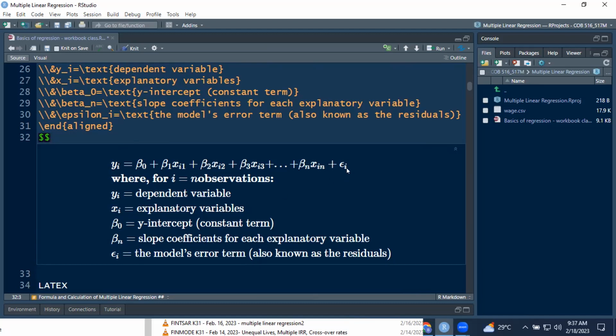And then epsilon sub i is your residual or your error term. So remember y sub i, for y you have your actual value and then you have your model value. The difference between your actual value and your model value is your epsilon. That's your residual.